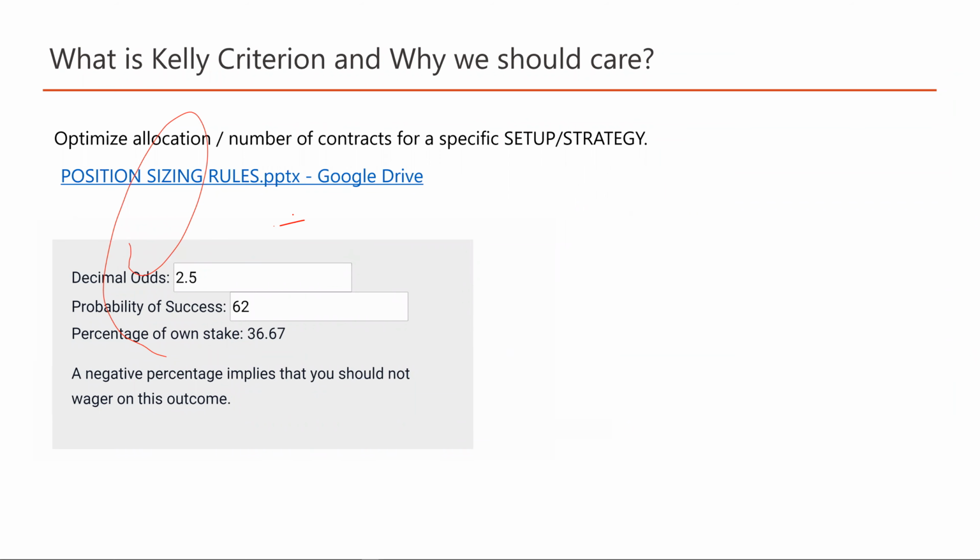So this is strategy TGIT. So it gives you decimal odds of 2.5. So 2.5 minus 1 is equal to 1.5. That's 150% return, right?